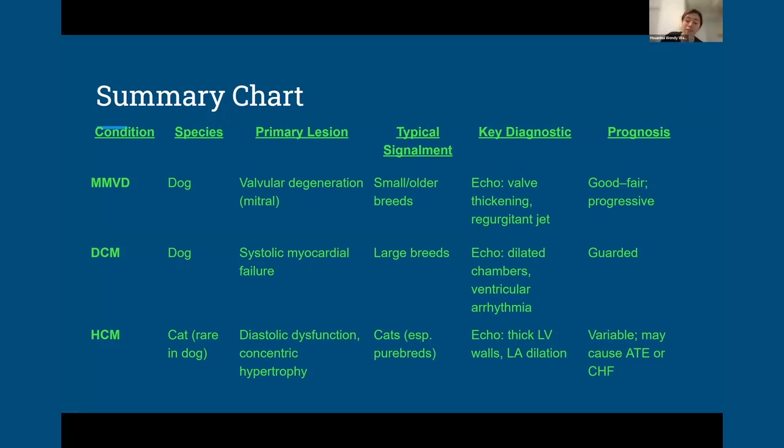Very rarely we will see HCM, hypertrophic cardiomyopathy, in dogs because it's mainly a cat disease. This is a diastolic dysfunction, and we're going to see concentric hypertrophy often in the ventricles. Especially purebred cats, such as exotic shorthairs, British shorthairs, Persians, and ragdolls, are more prone to HCM, and on the echocardiogram we will see a thickened left ventricular wall and left atrial dilation.